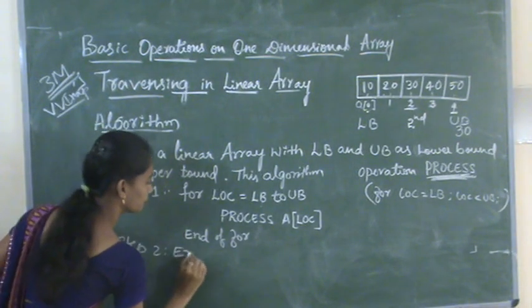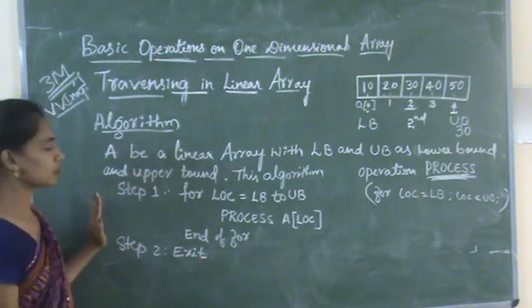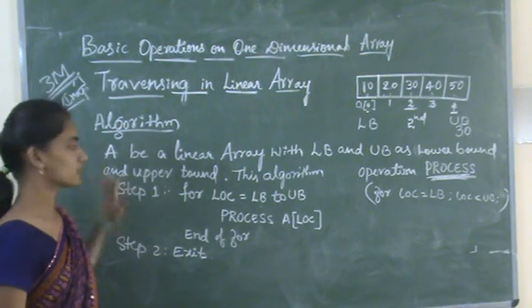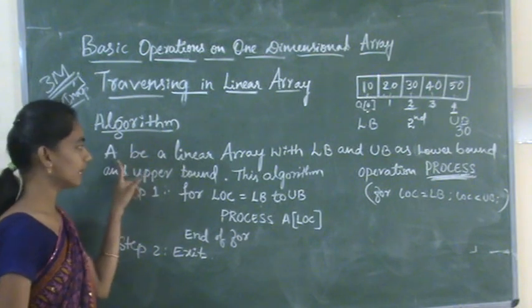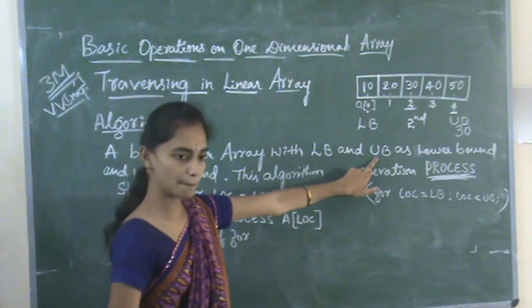After this, step 2 is exit. So there are only 2 steps and it is very easy to learn. Very important also. In this we are using an array with the name A, that is a linear array with lower bound and upper bound.